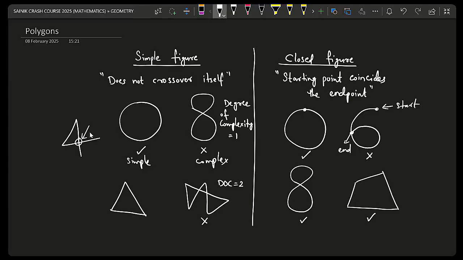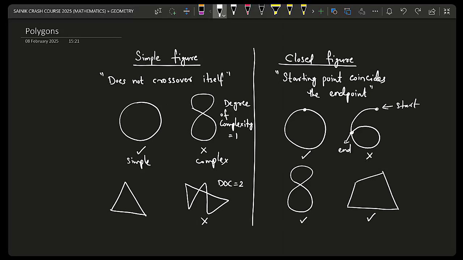Yes, it is crossing over on the same curve, on itself only. So it is a simple figure or a complex figure? It's not a simple figure, complex figure. If it is not crossing over itself, it is simple figure. If it is crossing over itself, it is complex figure.